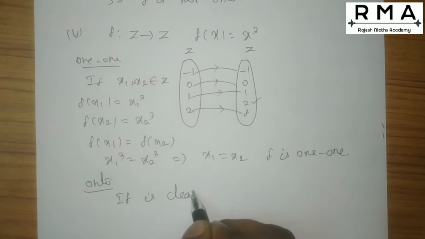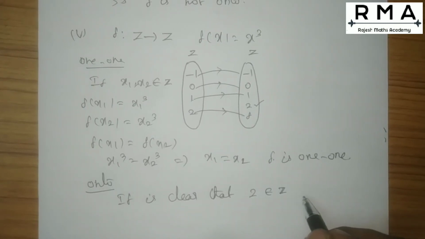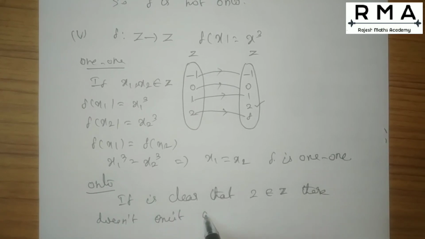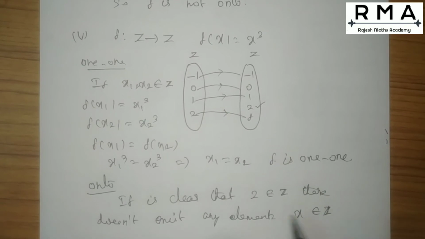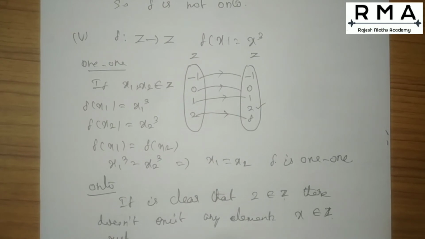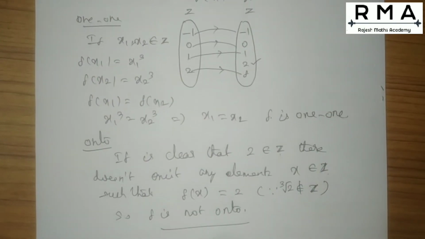It is clear that 2 is in the integers, and there does not exist any element x belonging to the integers, this integer set being the codomain and also the domain, such that f of x equals 2, since the cube root of 2 does not belong to the integers either. Clear? So I can say that f is not onto.